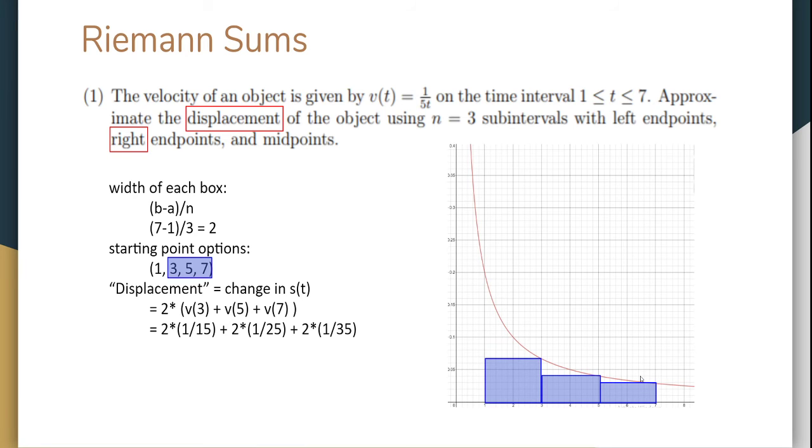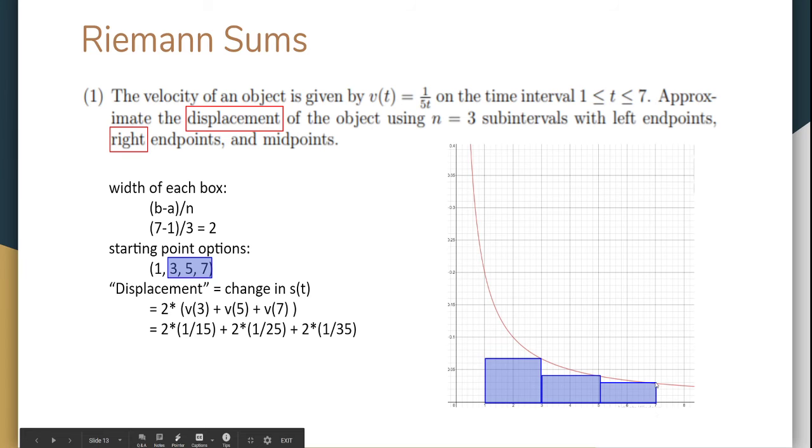It might be good at this point to think about which functions you're going to under-approximate or over-approximate based on whether you pick a right or left endpoint, because there are some functions where it would be the other way around, where it's your left endpoint that under-estimates instead of your right.